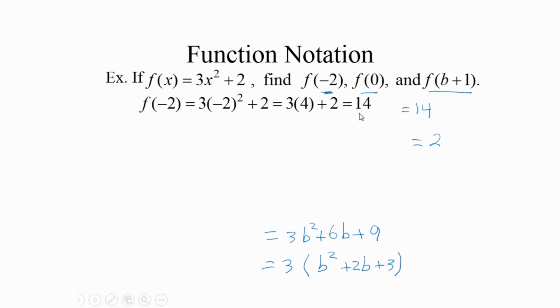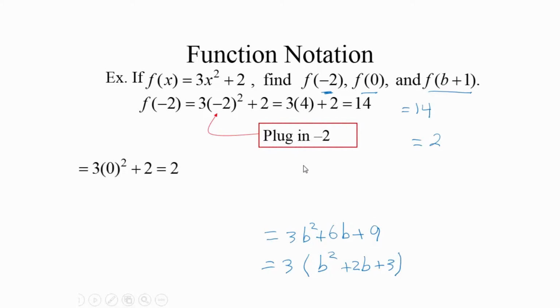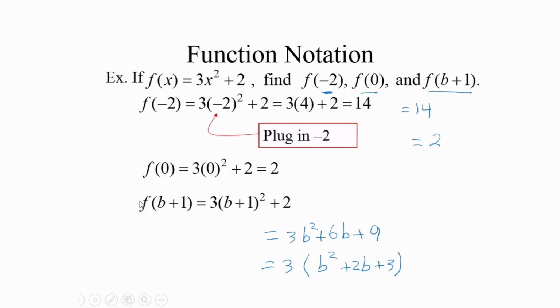Just plug in numbers. That's all it is. Evaluating a function is just plugging in a number for x into your function. Plug in minus 2. The next one, f of 0, ended up being 2. You plug in 0 for that. Next one, f of b plus 1, you plug in b plus 1 in place of x, which is what we did.